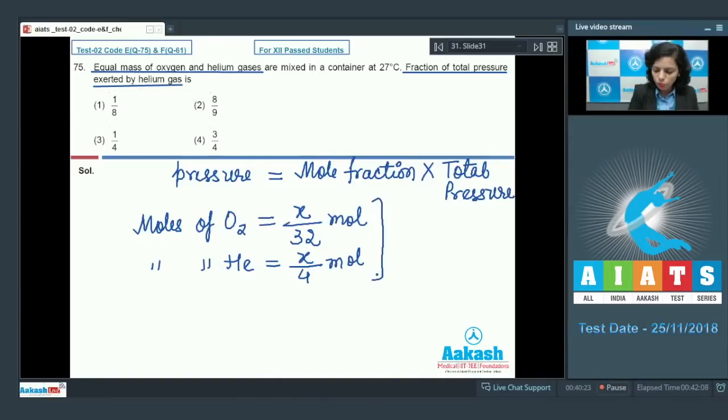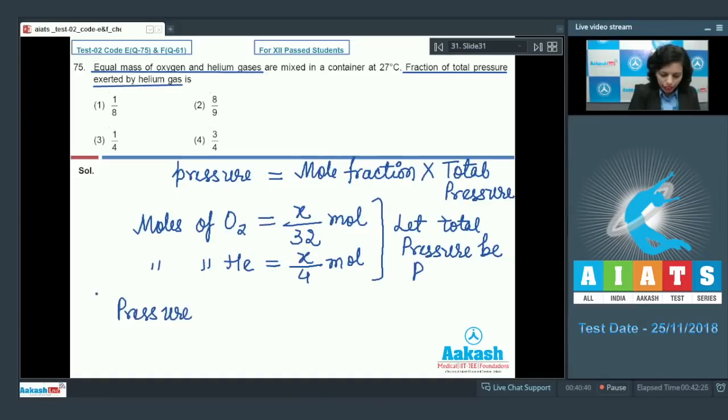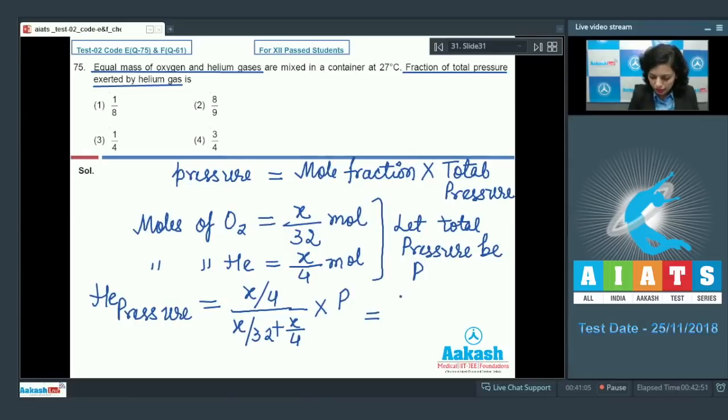So in this case, let's assume the total pressure to be P, and in that case the pressure exerted by helium, that is the He pressure, I'm just assuming, is equal to the mole fraction of helium, that is X by 4 moles of helium divided by the total moles, those are X by 32 plus X by 4, into the total pressure, that is P. We will find out that it is 8 by 9 P. It means if P is the total pressure, its 8 by 9 fraction is the pressure that is exerted by helium gas.